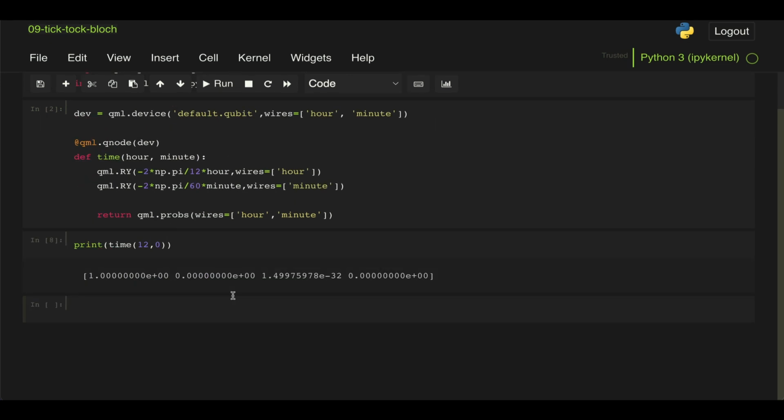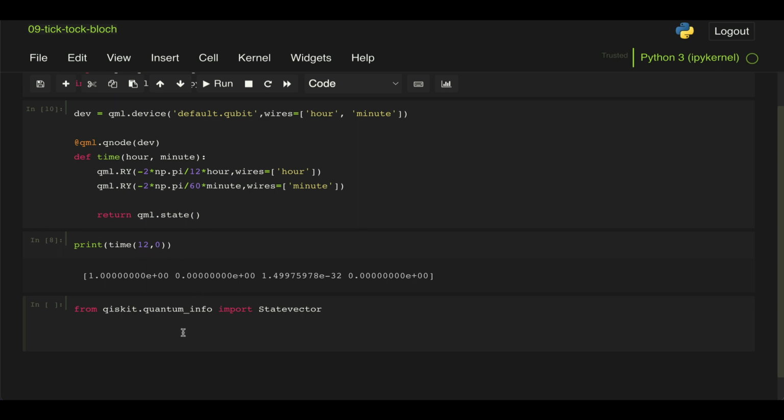One thing we can do to be completely certain that this is working right is, let's change this back from probabilities to state. And if you have Qiskit installed, we can, from qiskit.quantum_info, import Statevector. And then we can plot this in the Bloch sphere.